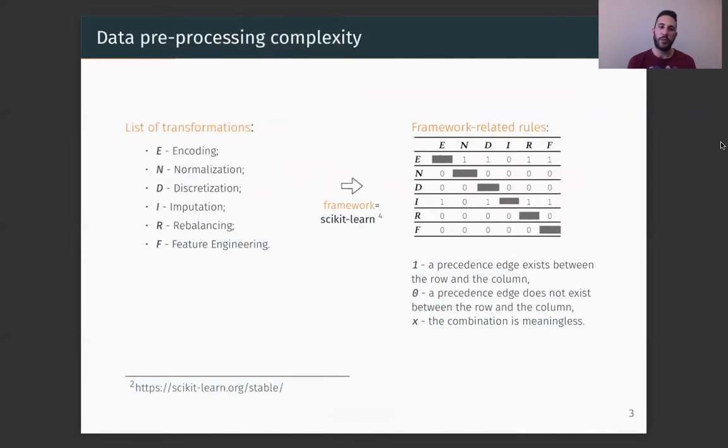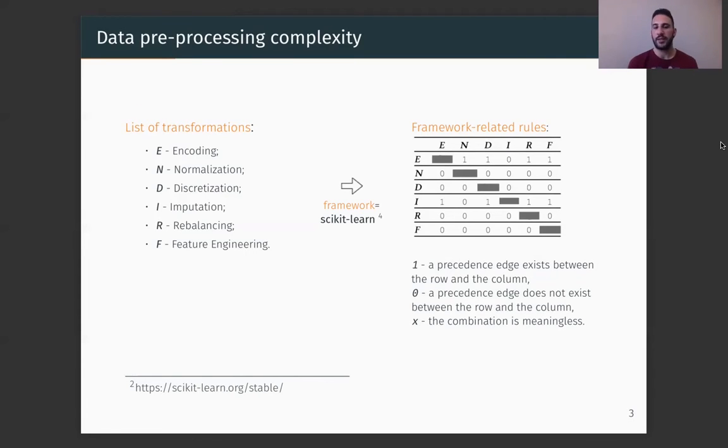In one of our experiments, we selected a list of transformations and a framework, therefore scikit-learn, that gave us implementations of these transformations, but also rules, constraints that we can see on the right. Here you have a table where you have transformations in the rows and transformations in the columns, and each cell tells us if there is a precedence rule between a pair of transformations.